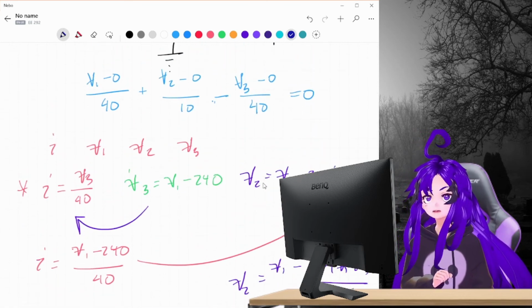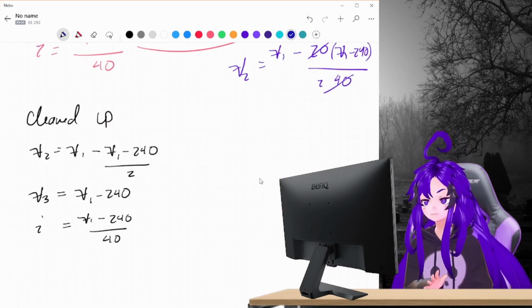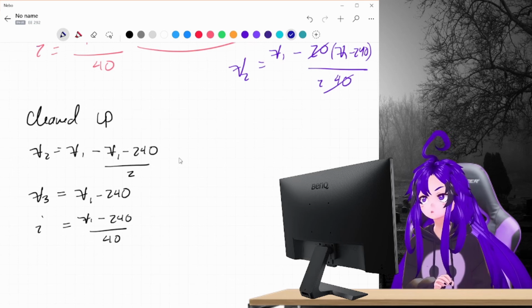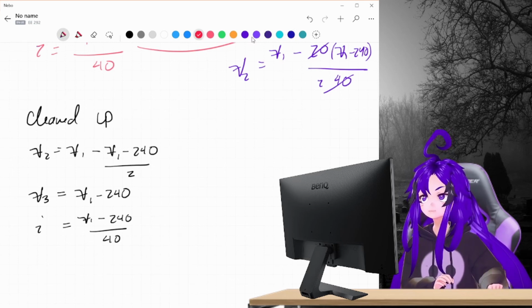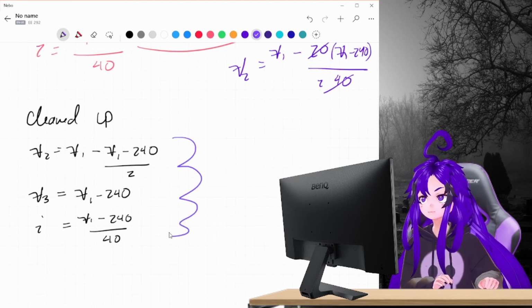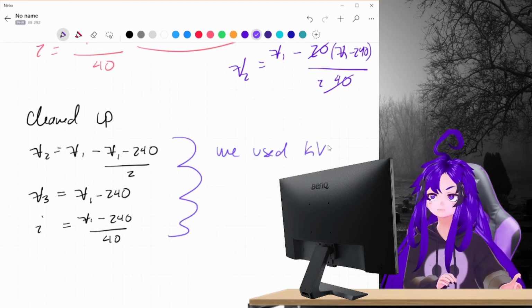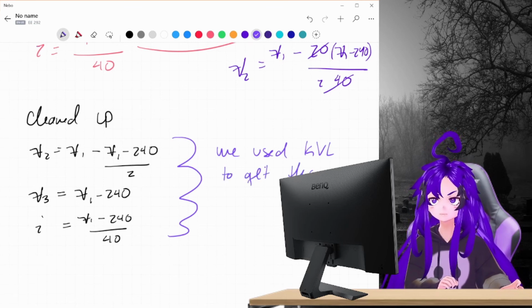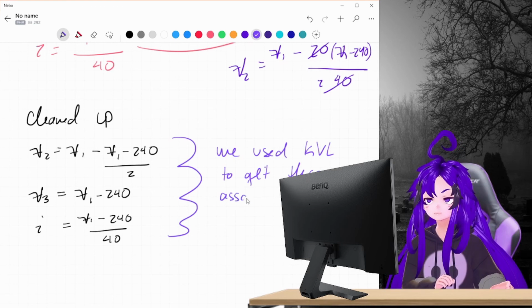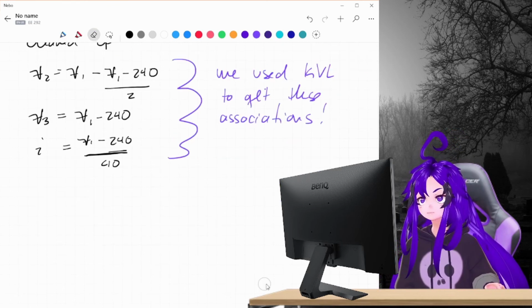After all, we already used the voltage law to get these associations, so we can't use KVL again.